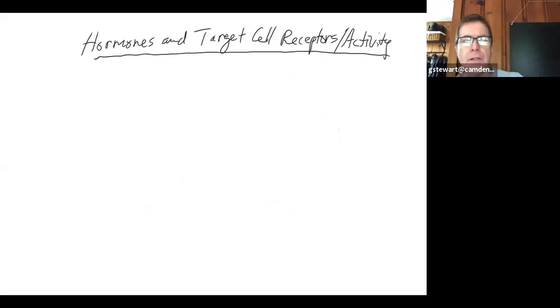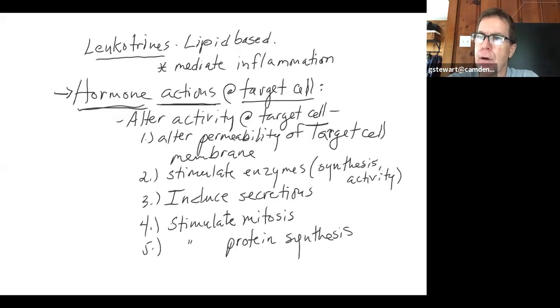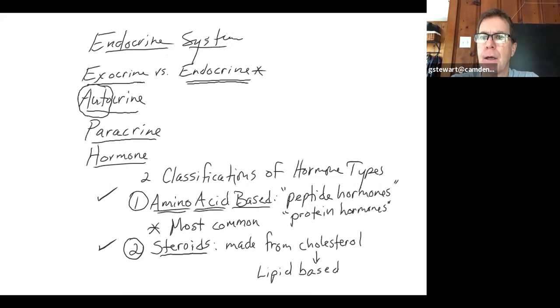So now we're not just discussing what the overall target cell might do once a hormone gets to it and binds to it, but we're going to be more specific and look at what type of binding and activity actually occurs within the context of these type classes of hormones.